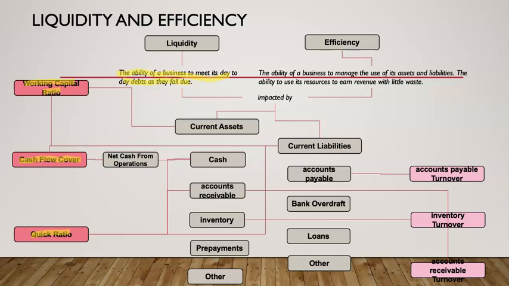But we also understand that efficiency is how effectively we manage our assets and liabilities to turn our daily business into cash. So if we can effectively manage our efficiency indicators, accounts payable turnover, inventory turnover and accounts receivable turnover to get our cash cycle down, we're going to improve our liquidity as well.